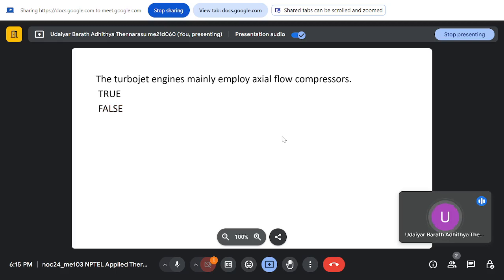So the next one is, the turbojet engines mainly employ axial flow compressors. Option A, true, and B, false. So it's asked what type of compressor is being used.